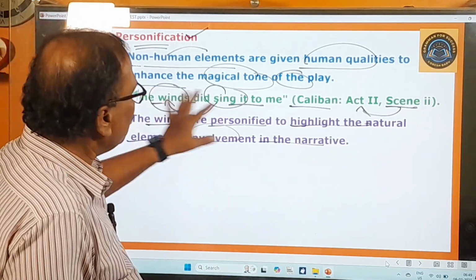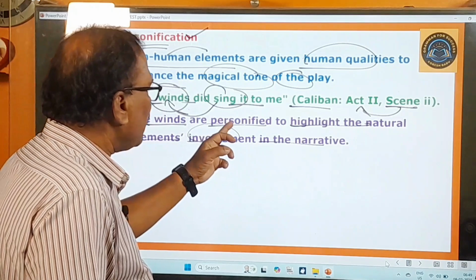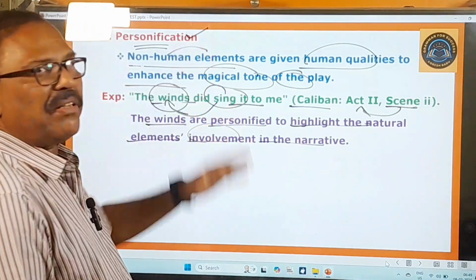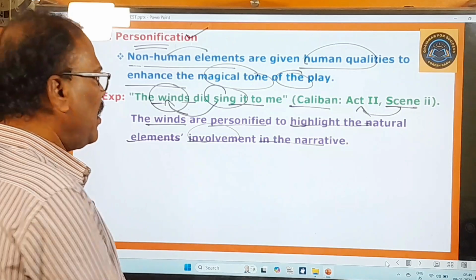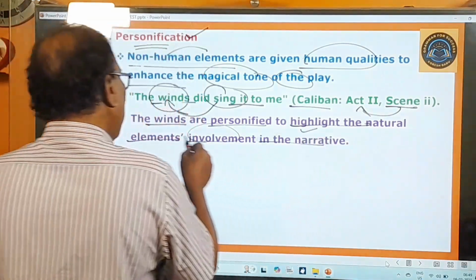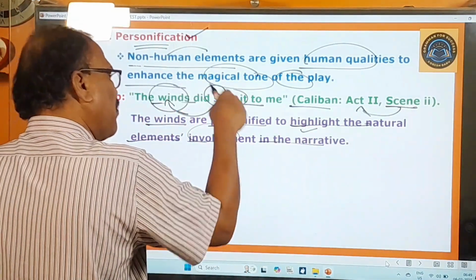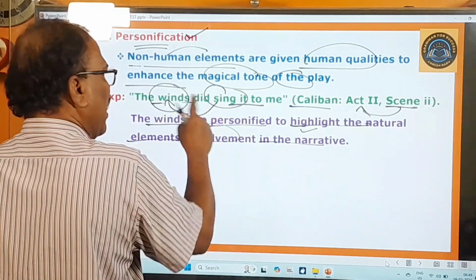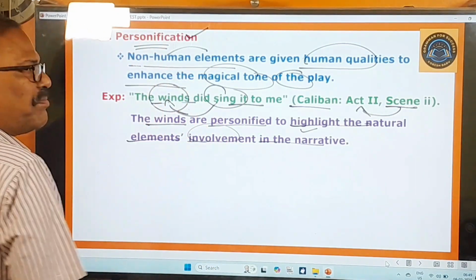So that's why there is personification, and this personification is used here to highlight the natural elements' involvement in the narrative. So in this narrative, even the natural elements are also involved. Only to tell you that fact, this Shakespeare has personified the winds.